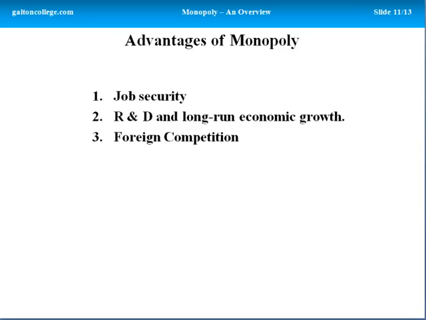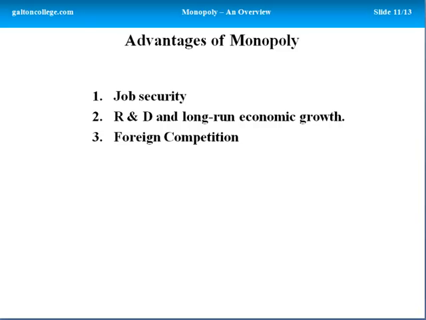Also, monopolies here could easily compete with foreign companies, because the foreign companies have become large, have become monopolistic. What's needed are monopolies to fight monopolies.